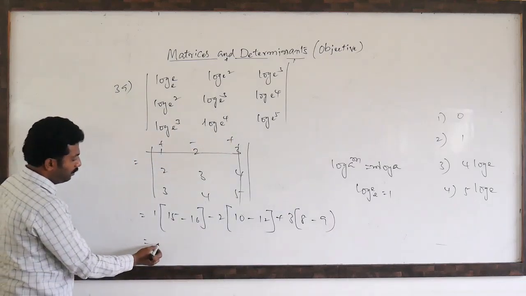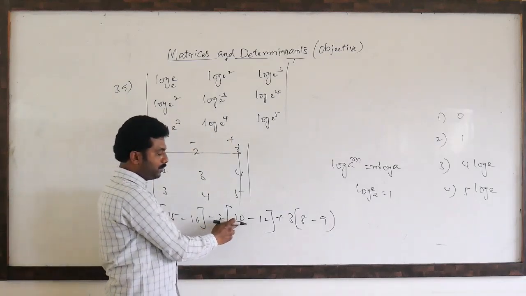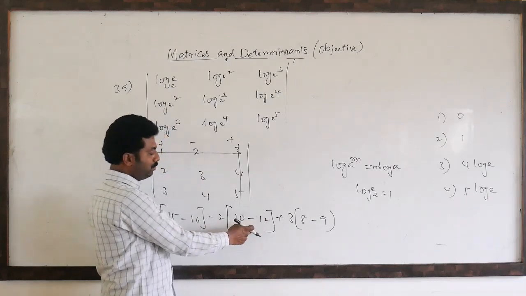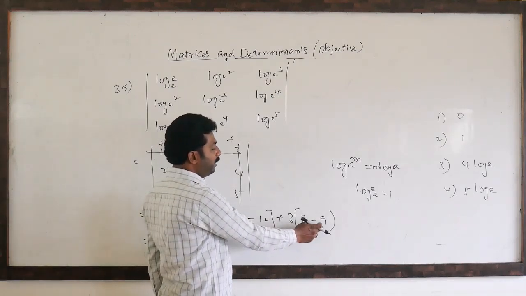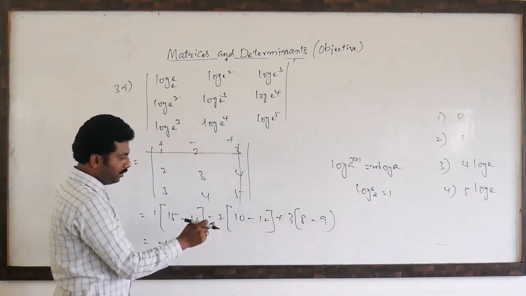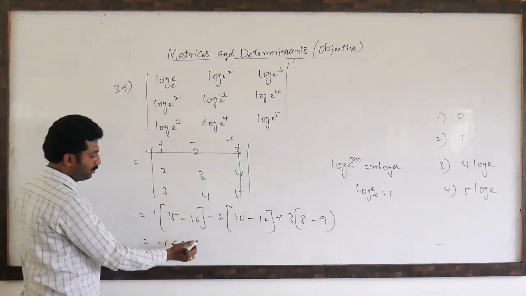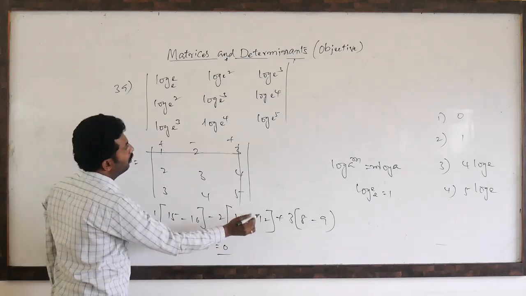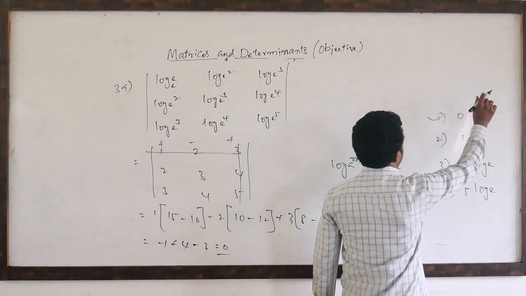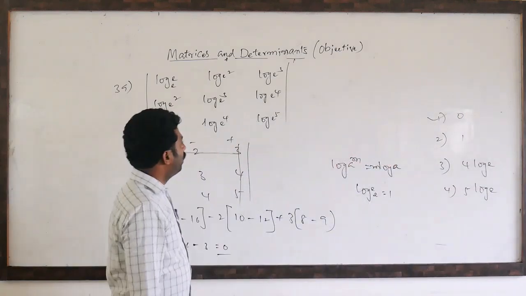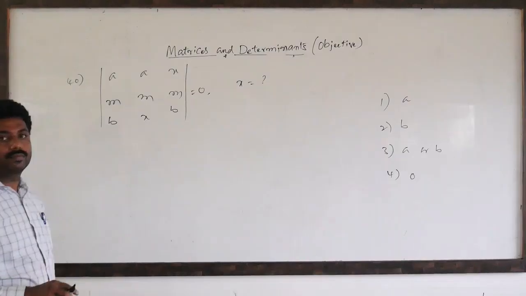So finally, minus 1, then 10 minus 12 means minus 2, minus 2 into minus 2 will be 4, and 8 minus 9 means minus 1, so minus 3. So it is always 0. So what is this determinant value? It will be 0. Like that we have to answer.